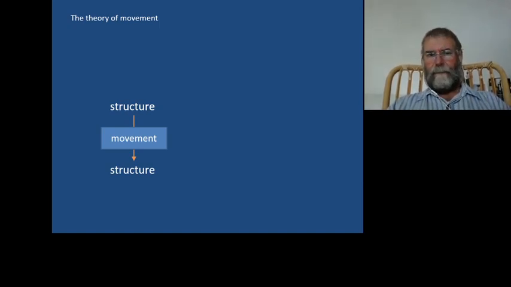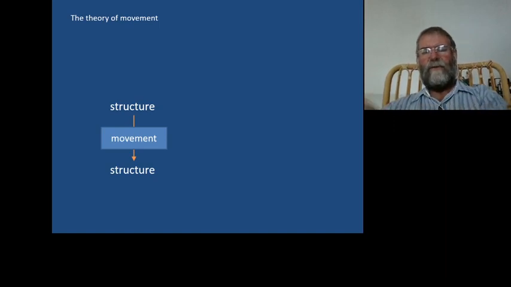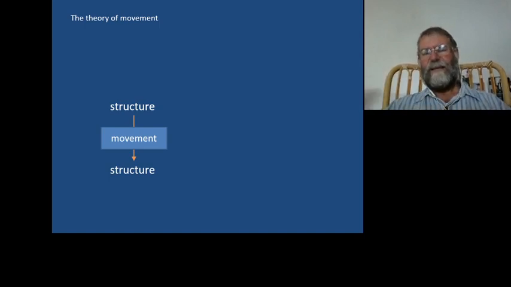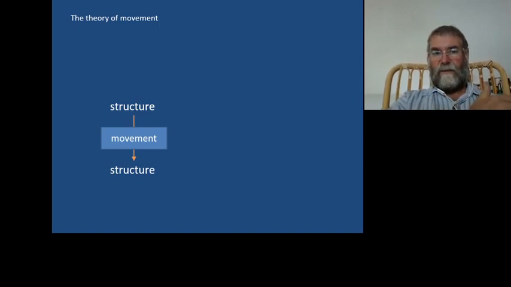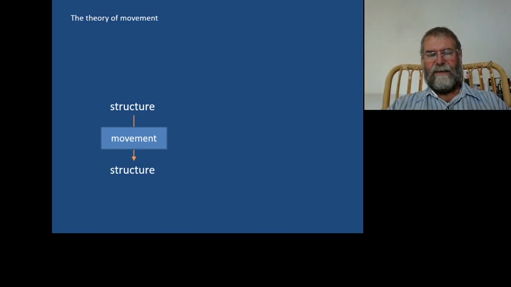And those two levels are precisely what are connected by this movement process. Okay. Now, it's important to realize that what is not being claimed here is that we take one sentence and we move things around to form another sentence. The process that we're talking about here doesn't change sentences to sentences. It changes underlying structures of a sentence into the more surface version of the structure of that sentence.